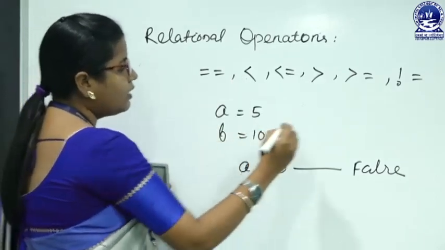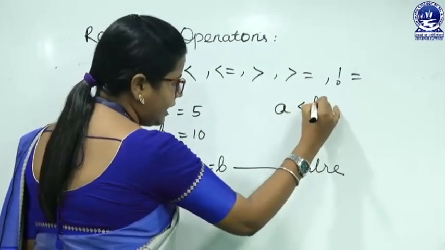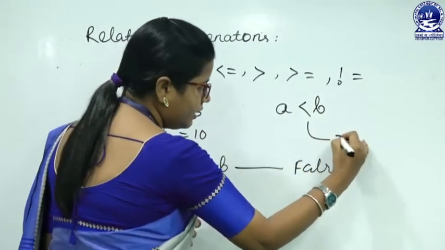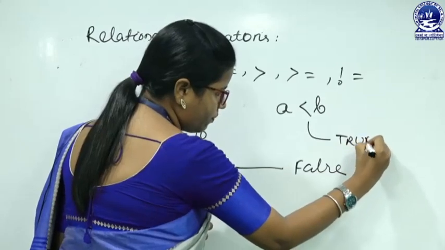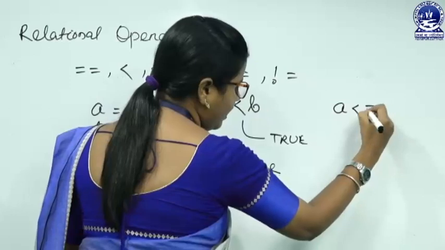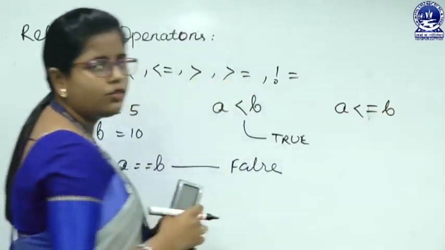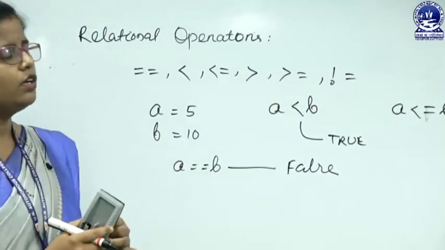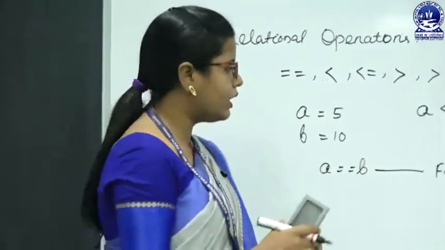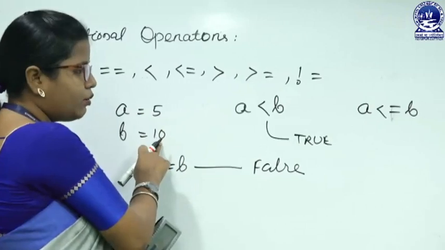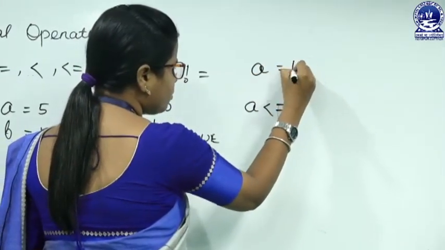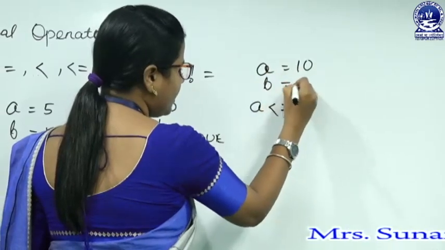Next, less than. Suppose I am writing A less than B, yes, 5 is less than 10, then it is actually true. Next, less than equals to, A less than equals to B. It will compare whether the A value is either less than or equals to B. Suppose let us change the value, A equals to 10 and B equals to 10.